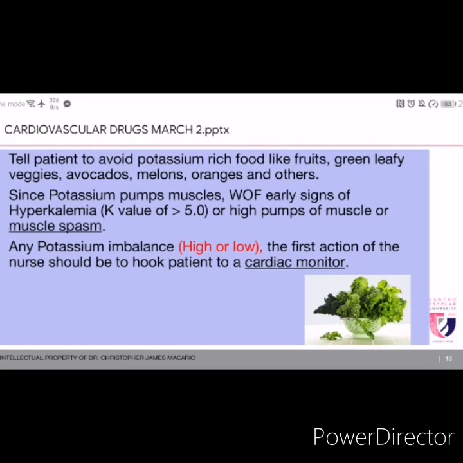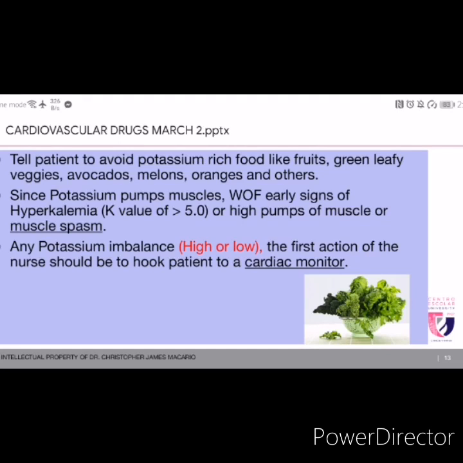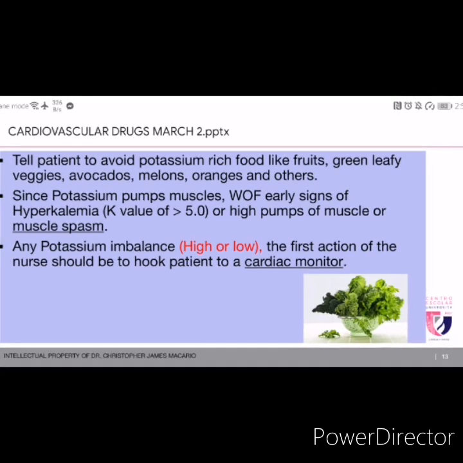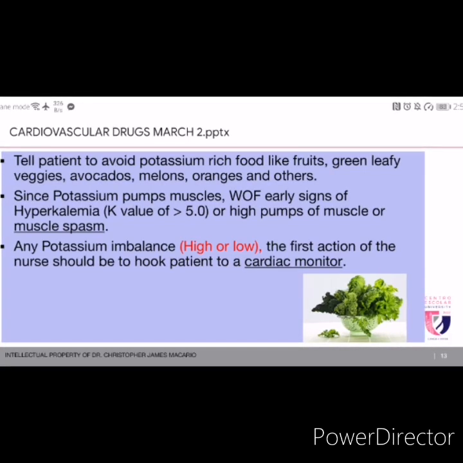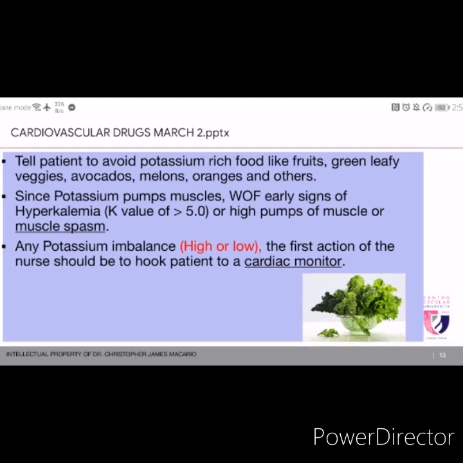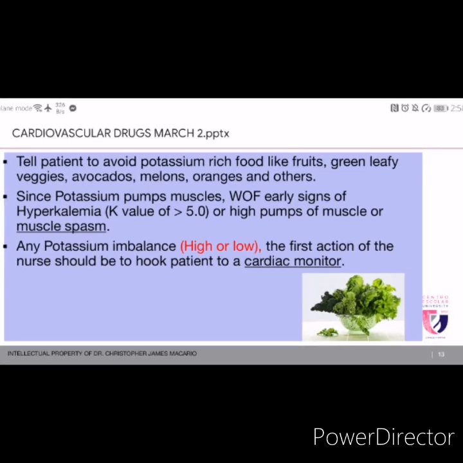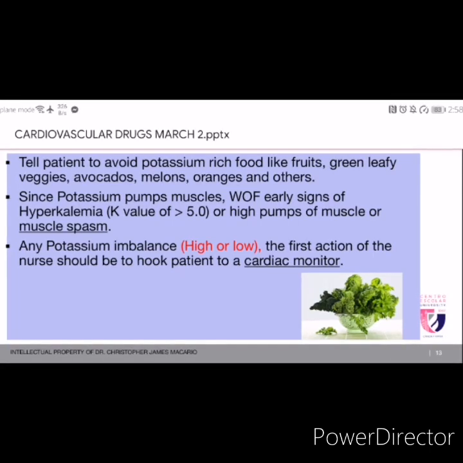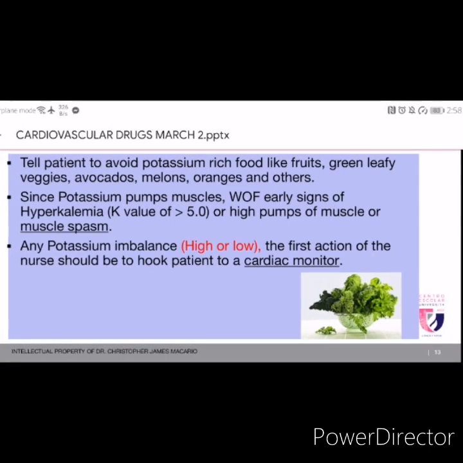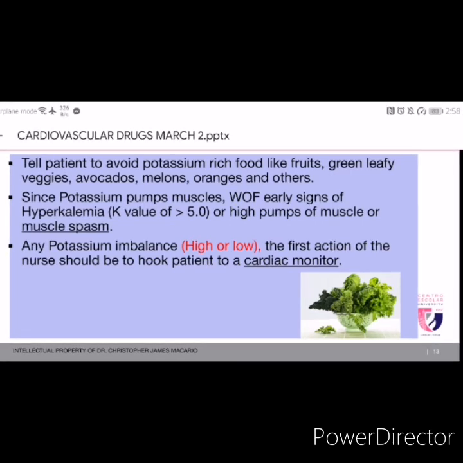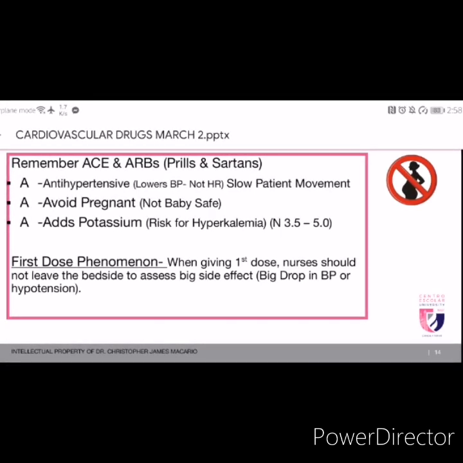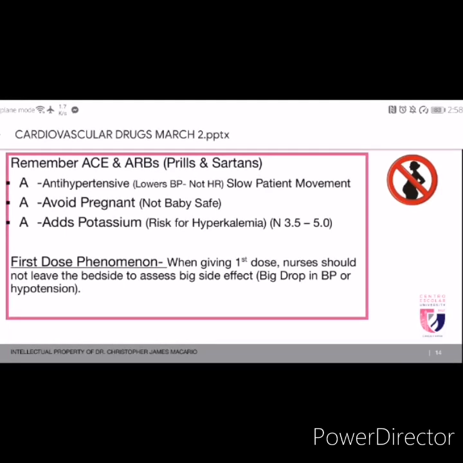Since potassium pumps muscles, watch out for early signs of hyperkalemia, or a value greater than 5, or high pumps of muscle or muscle spasm. Any potassium imbalance, whether it's high or low, the first action of the nurse should be to hook the patient to a cardiac monitor.